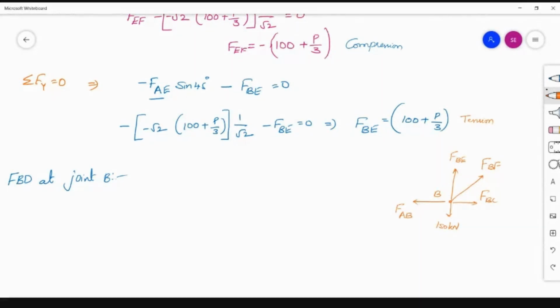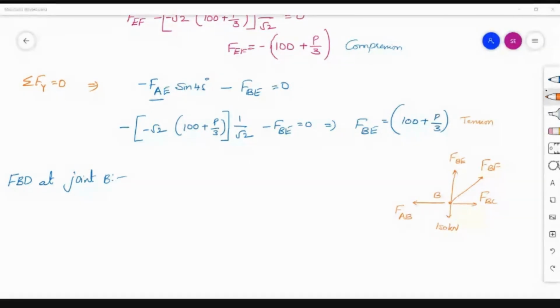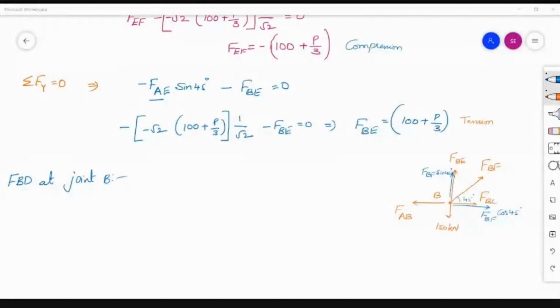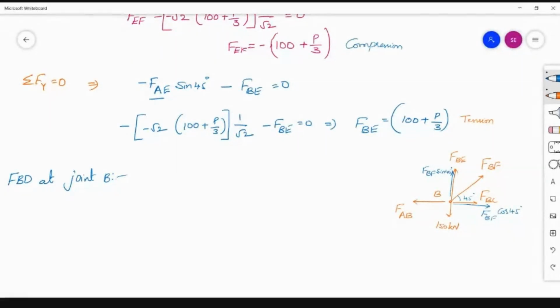So at joint B, the forces are represented. The force in BF is resolved horizontally, FBF cos 45, FBF sin 45.